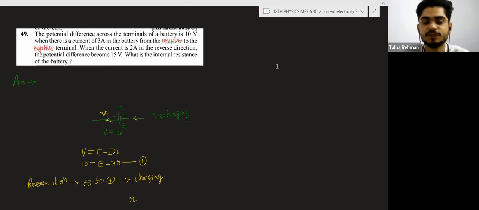If the cell is discharging, you will apply V is equal to E minus IR. Also, the direction of the current is important. If the direction of current is from positive terminal to negative terminal, the cell is discharging. If the direction of current is from negative terminal to the positive terminal, the cell is in the charging condition.